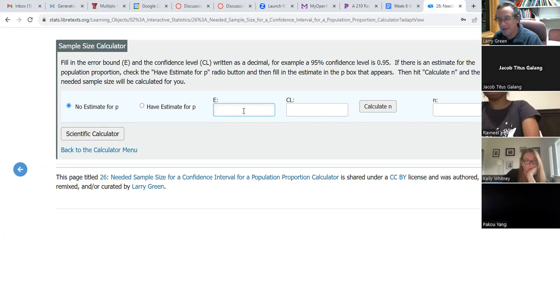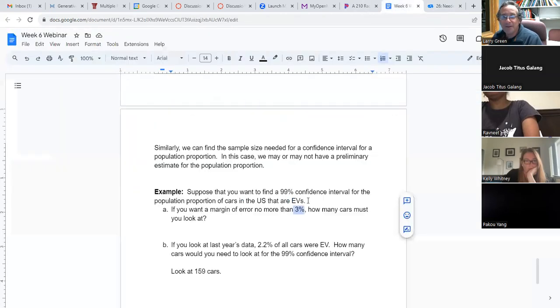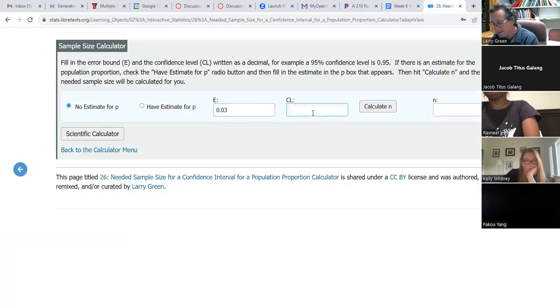Yeah, 0.03. Always move the decimal over 2 places to turn a percent into a decimal. Confidence level. We want a 99% confidence. So 0.99. Any questions on that?